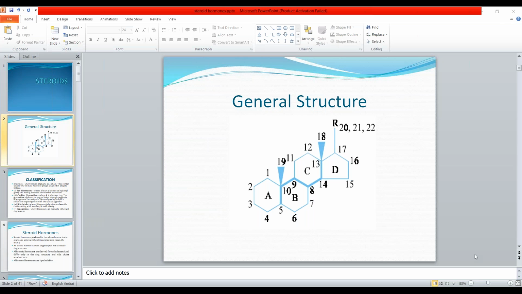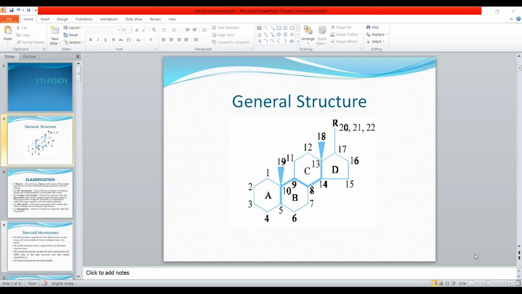Okay, and you know that all three of them are sex hormones. They play a vital role in the development of secondary sexual characters once the puberty sets in in human beings.